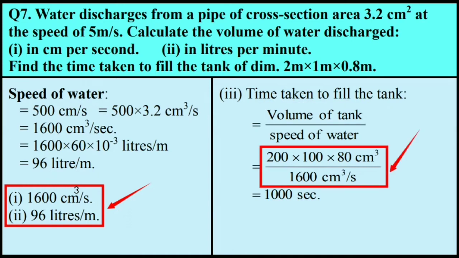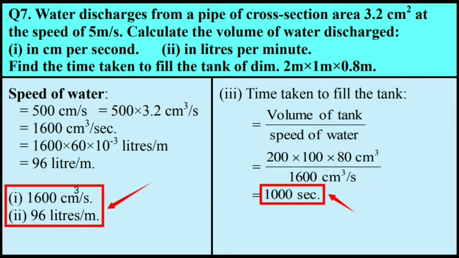The expression is 200 multiplied by 100 multiplied by 80 centimeter cube divided by 1600 centimeter cube per second. Now finally the time taken to fill the tank is 1000 seconds. You can convert it into minutes or hours too.